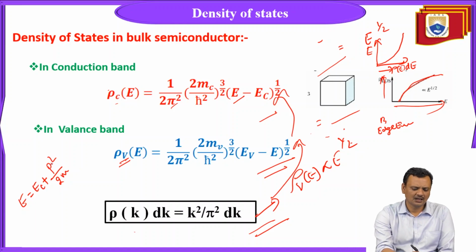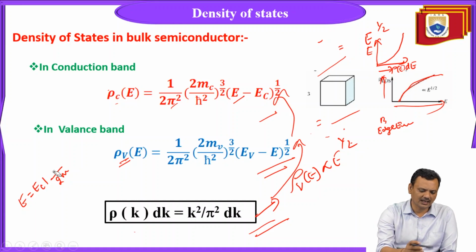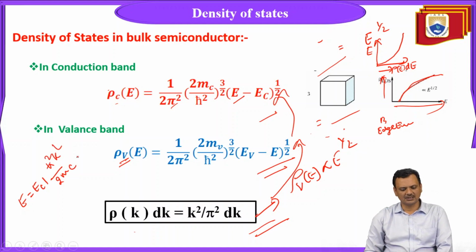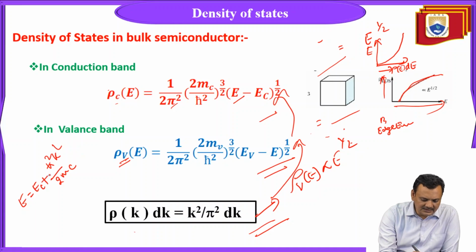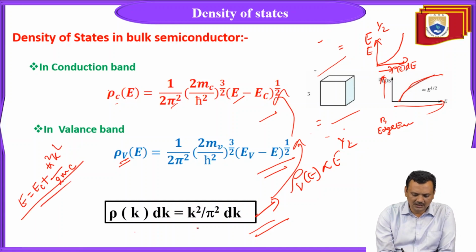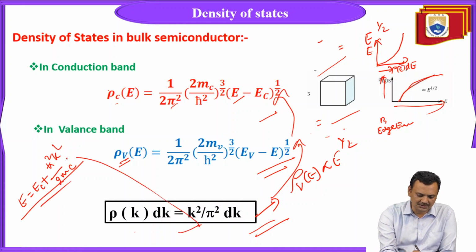P is nothing but h cross k. So it is h cross square k square upon 2 m_c. Using this expression, you can get this thing. This is for the conduction band.